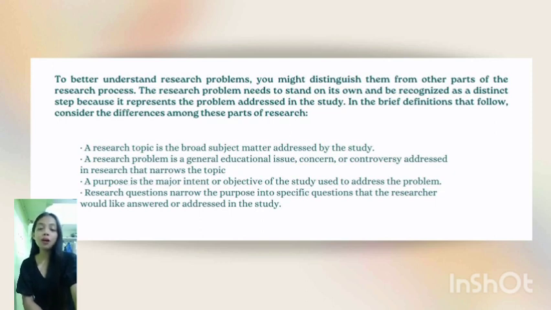But we also have a common error: stating the research problem as the purpose of the study. We call this the poor model. This means that the researcher intends to identify the research problem but instead presents a purpose statement.